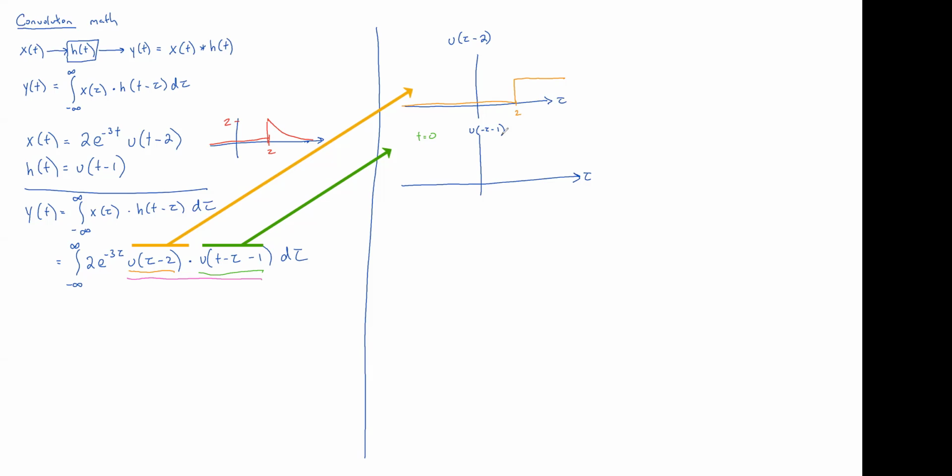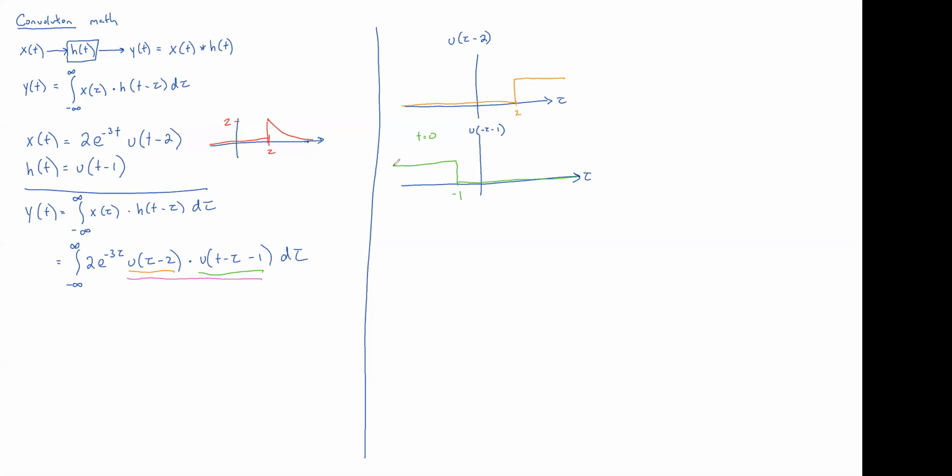So we can see that it's a step that changes when the argument is 0. So it changes at -1. For very large positive values of tau, this argument becomes negative. So u of a negative number is 0. And for very negative values of tau, the argument becomes positive, and the step function of a positive number is 1. So it looks like this.